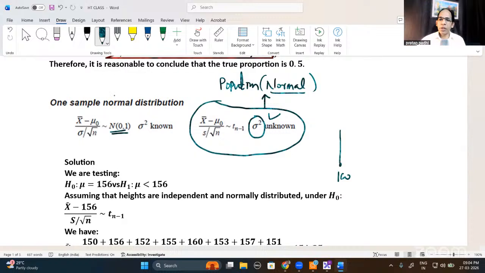If this is the frequency, about 10,000 students will come here, and another 8,000 will come here. So all will be between 99 to 101, and some few students' IQ will be 80, 110, like that.